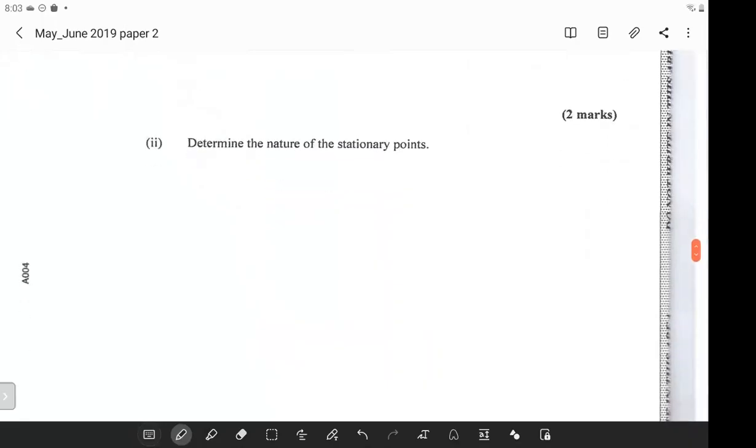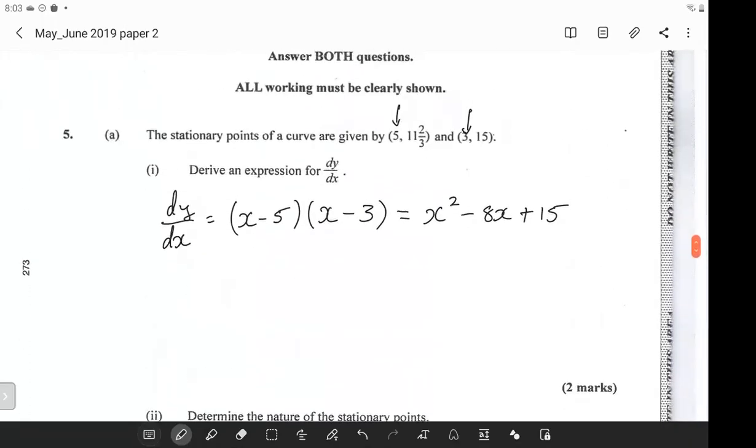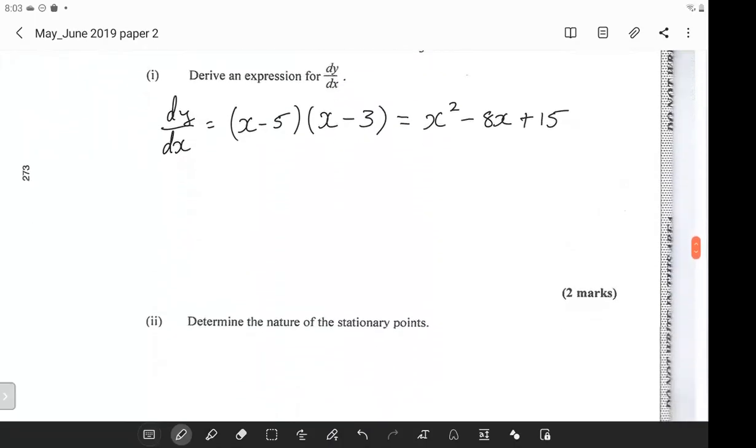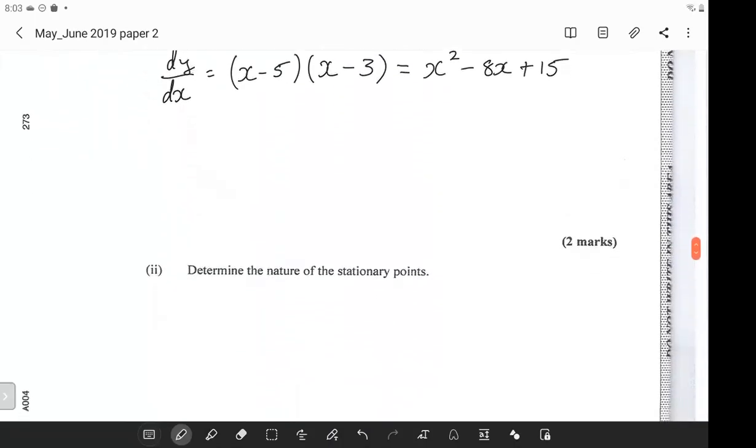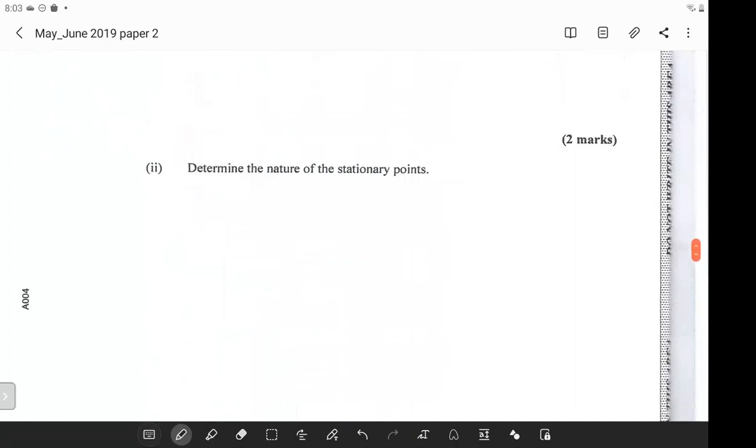Now they want us to determine the nature of the stationary points, like maximum, minimum, etc. Let's verify that. One way of verifying it is by using tables. What I prefer to do is take the second derivative, and if that is positive, then it is a local minimum. If it is negative, then it is a local maximum.